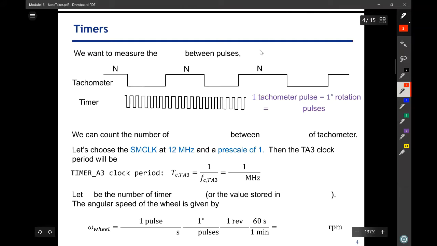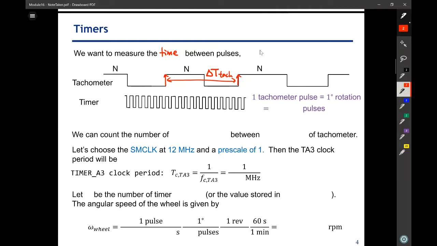We want to measure the time between pulses. These are the pulses from the tachometer. Here's a rising edge, and here's another rising edge, so we want to measure between rising edges. Let me call this delta T tach.